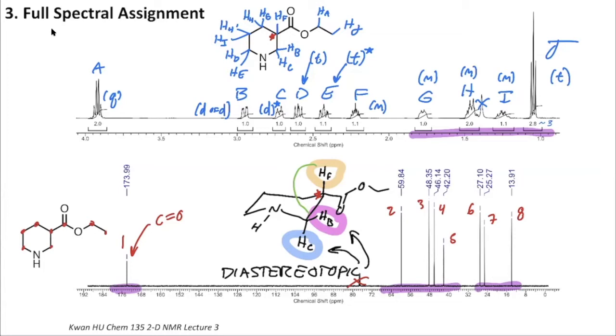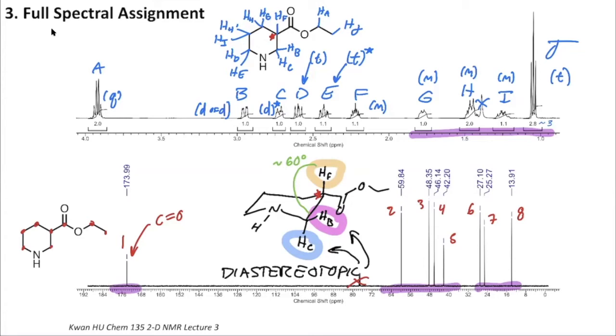So go ahead and draw a chair Newman of this if you have the spare time to see that the angle between HF and HB is somewhere on the order of 60 degrees. Now you can take that angle and look at your Karplus curve to see the approximate magnitude of how many hertz HF would split HB by.